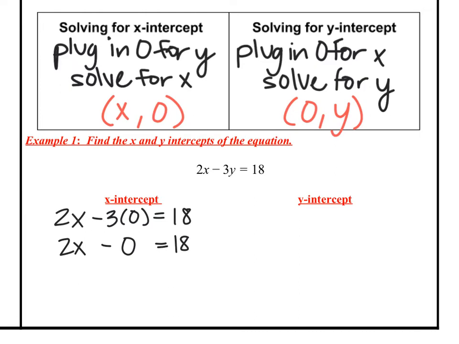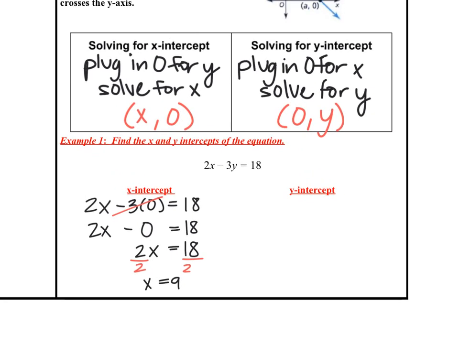But we don't really need to write that in the equation, so we're just going to put 2x equals 18. Moving forward, what you'll see me do is usually just cross that out because it gets to 0 and doesn't do anything. Then you divide by 2, and you get x equals 9. Hooray! So I write my answer as a point, because it's a point on the graph, (9, 0).